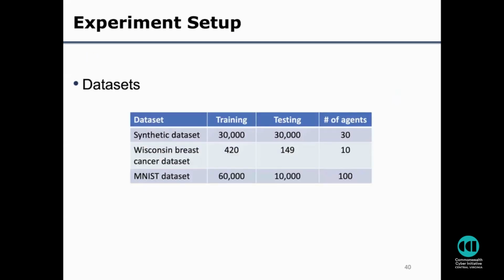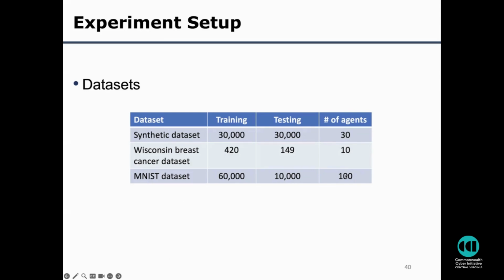So let's move to the experiments. In the experiments, we evaluate the efficiency and efficacy of the proposed learning chain and the enhanced learning chain scheme. We utilize three data sets and divide each data set into 30, 10, and 100 parties.